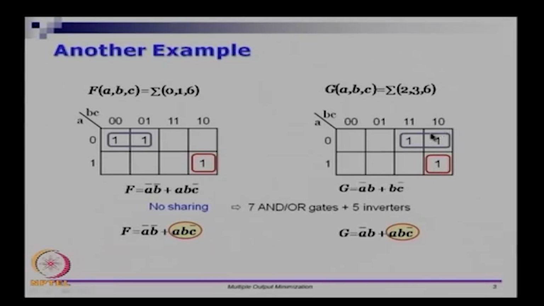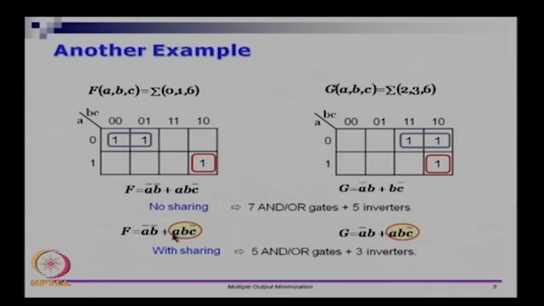So this one was not grouped with this one, instead if you keep it as a loner, then you have A bar B bar plus ABC bar for this one, and for this one you have A bar B plus ABC bar. Now with sharing you can see that first of all the inverters go down in number, so you do not need A bar and C bar on both sides.